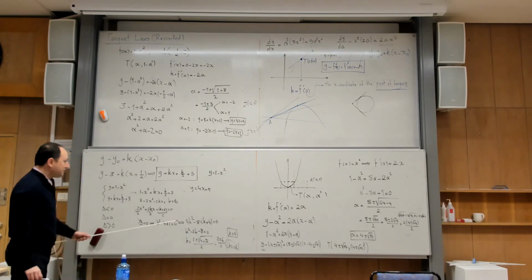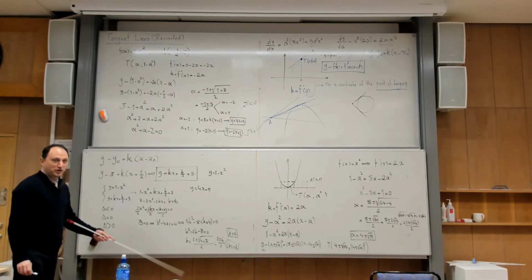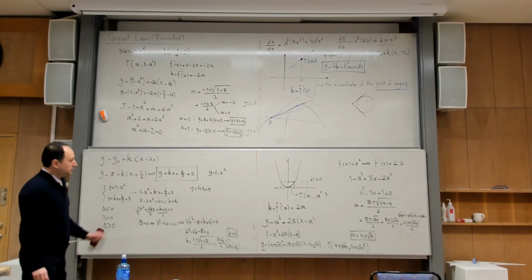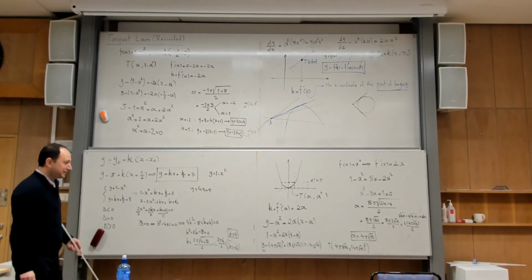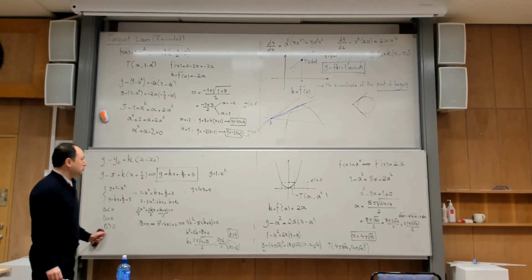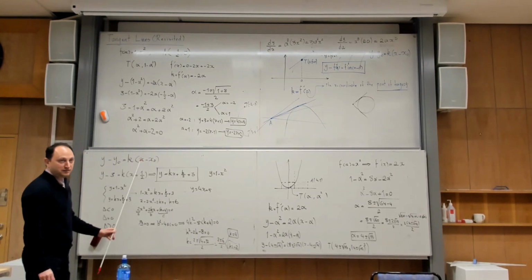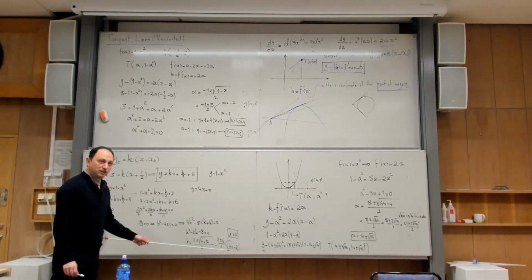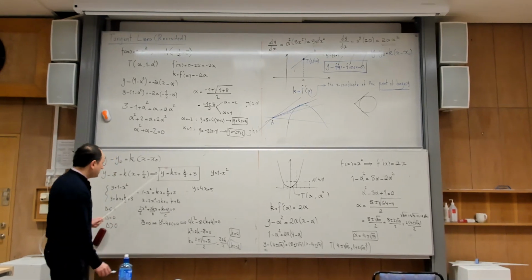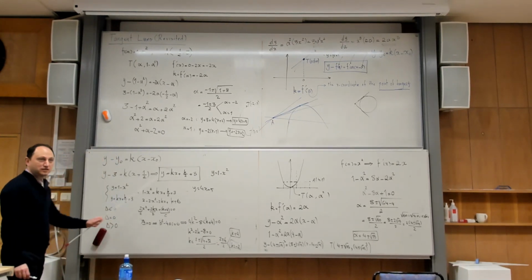But of course the weakness of this method is what? Can you tell me? If it's not a parabola. So yeah, that is one weakness. The second weakness is that you need to calculate a little bit more to get the point of tangency. Because you just get the k value and then using the k value you write the equation. But you see the point of tangency is missing in this calculation.